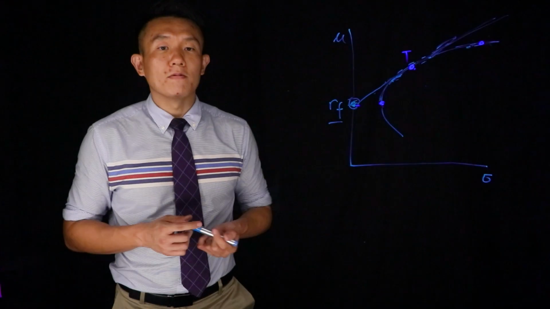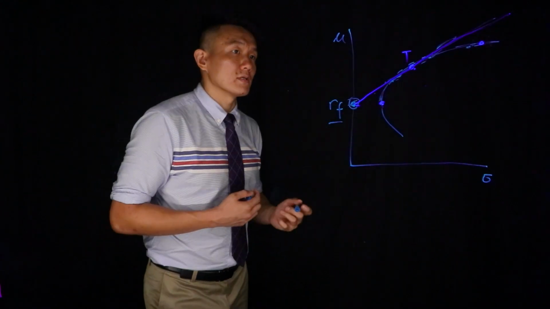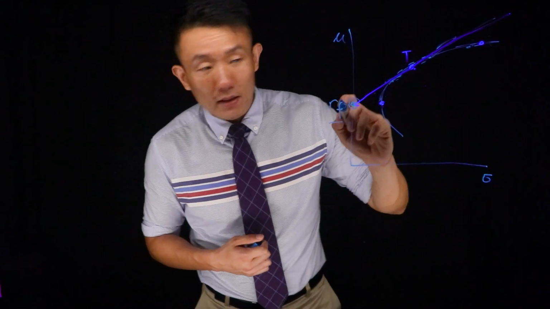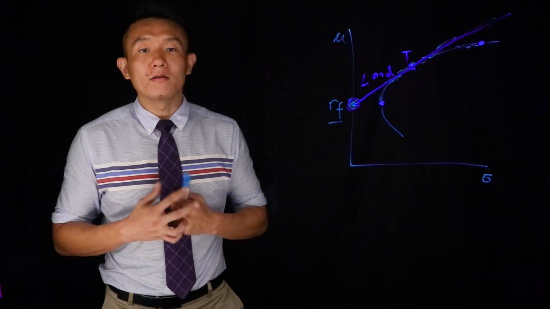So what we talked about before was that in order to get on this line, we need to be able to borrow and lend at the risk-free rate. So the line connecting RF and T, this is lending, right? Because this means putting a positive weight on the risk-free asset.